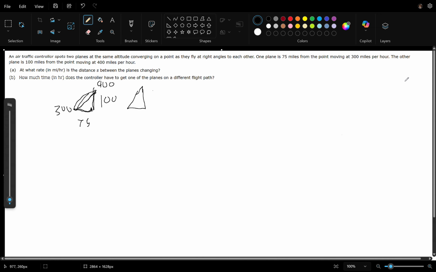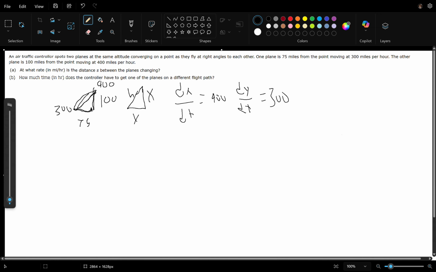Let's label this part X, this part Y, this part H. And so the dx over dt would equal 400, and then the dy over dt would equal 300.